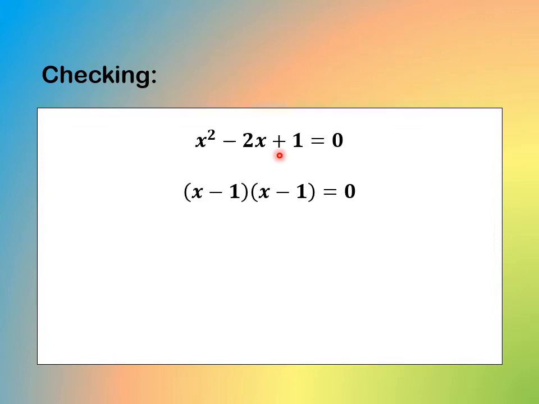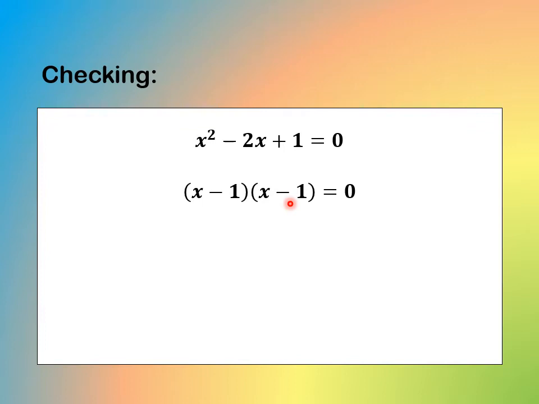Malalaman lang natin kung parehas na negative or positive yan kung ano ang sign ng ating linear term. Since ang sign ng ating linear term ay negative or minus, then ang sign ng ating binomials ay parehas na negative.